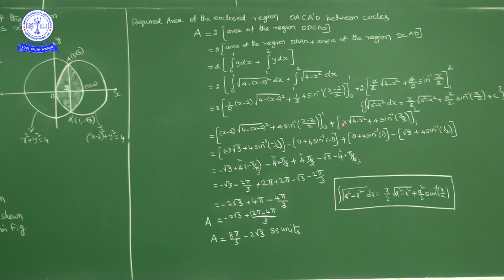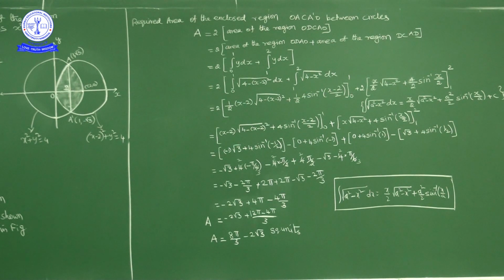So in place of x if I substitute 1, so 1 into square root of 4 minus 1, that is square root of 3, plus 4 into sin inverse of 1 by 2. Next step we observe minus 1 into root 3, minus root 3 plus 4 into sin inverse of minus 1 by 2. Sin inverse of minus 1 by 2 is minus pi by 6.